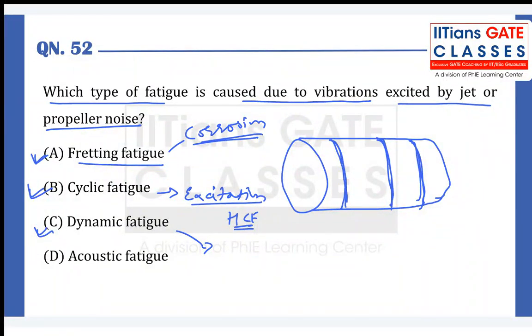So then fatigue happens. Dynamic fatigue mainly happens when a system is exposed to the environment, like sunlight and moisture. Acoustic failure is related to noise excitation.